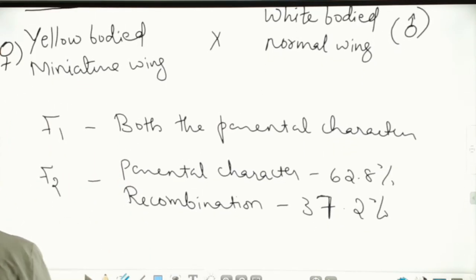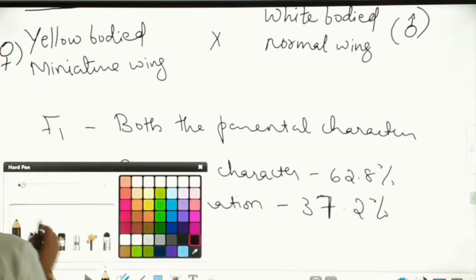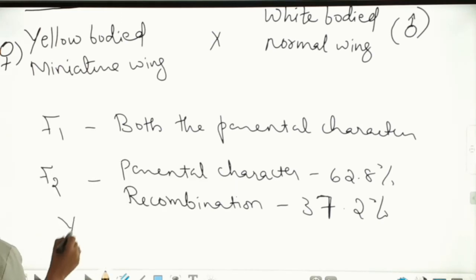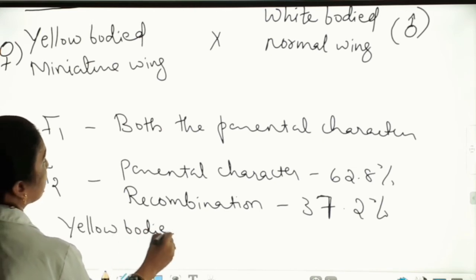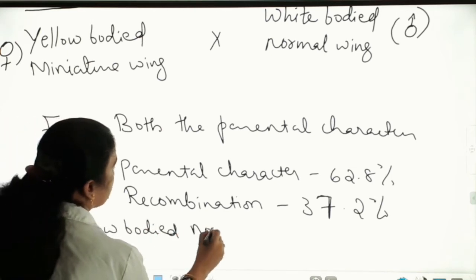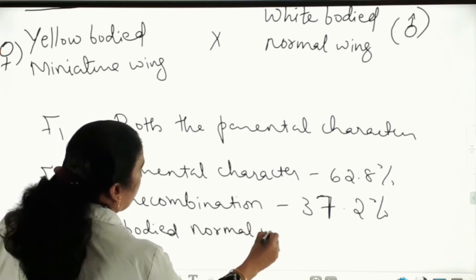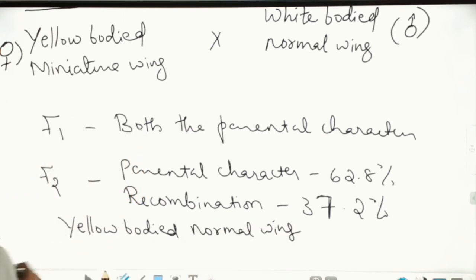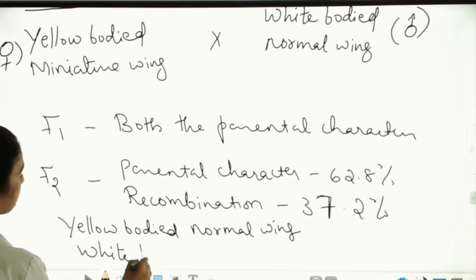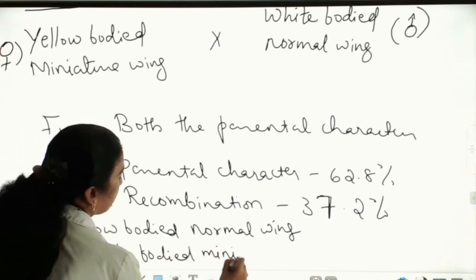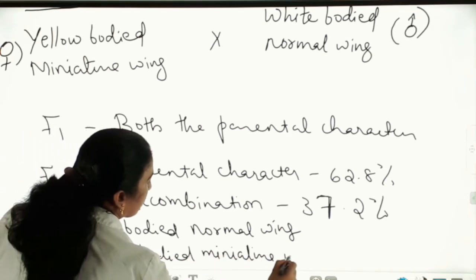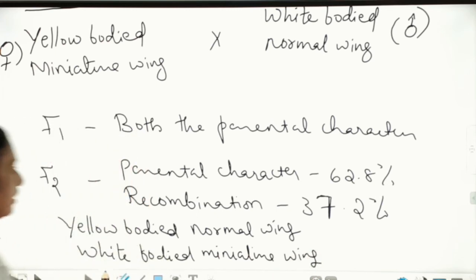Okay, you can write over here. So the chance of recombination is yellow body, normal wing. And another chance of recombination is white bodied, miniature wing.